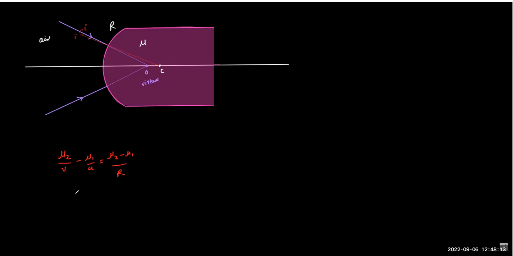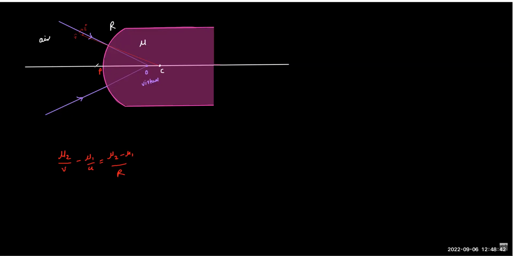Now when it comes to u and v, then u and v will have a sign. And every distance we measure from where? From this point P. If I call P the pole, then every distance we measure from P. And because the object is on the right side, the distance of the object from P will be u.